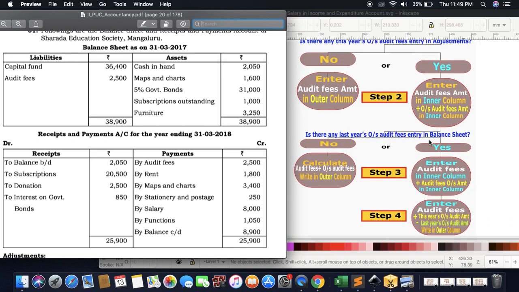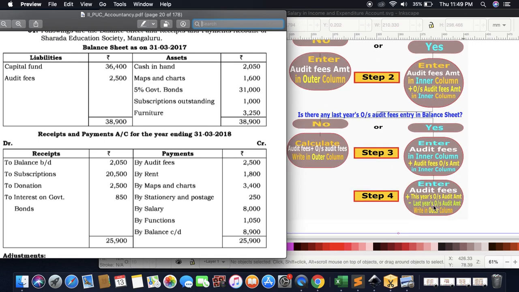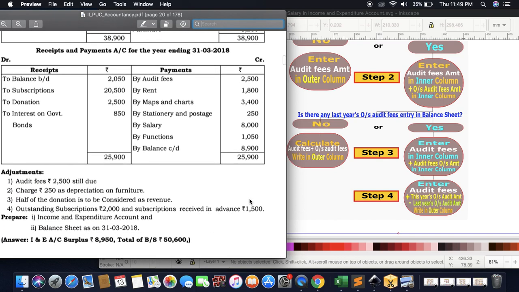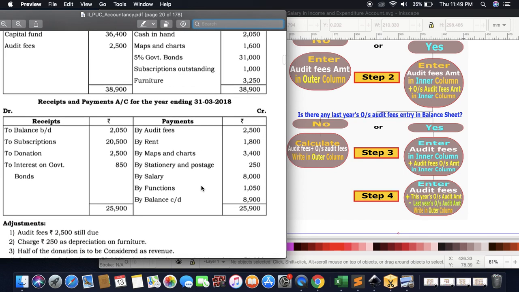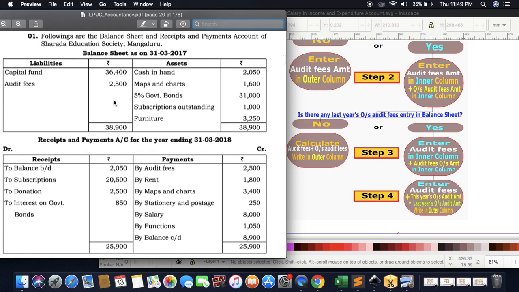So basically this is what this flow chart is telling. Audit fees, which is this one from the payments side, plus this year's outstanding audit fee, which is this one, minus last year's audit fees. Calculate that. In this case, 2500 plus 2500, that's 5000, minus 2500, that is 2500. That is what you will write in the outer column.